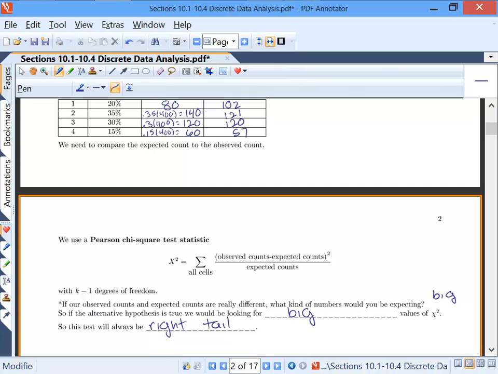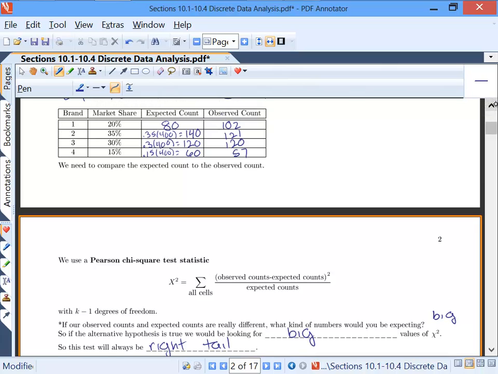Or think of it as a scale. If you're 3 off, but all of your counts are between like 1 and 5, that seems like a pretty big difference. But if you're 3 off and your counts are around 800, do you really care about a difference of 3? No, so it puts it on a scale of whether this difference is really important based on how big my counts are.